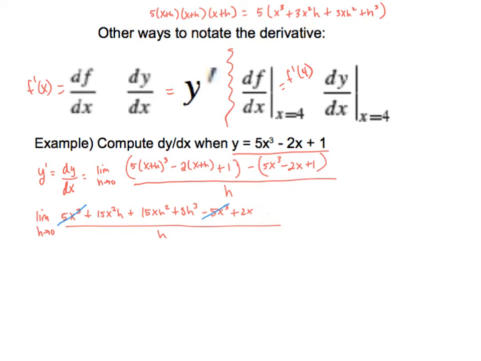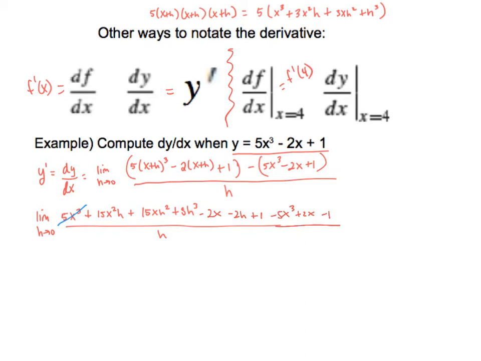So let me backtrack a little bit and fill that in. So minus 2x minus 2h plus 1. Then I have the minus 5x cubed plus the 2x minus the 1. Sorry about that. Okay, so back to where we were.